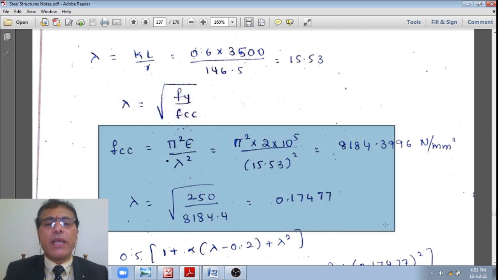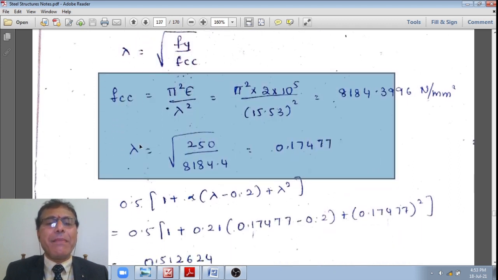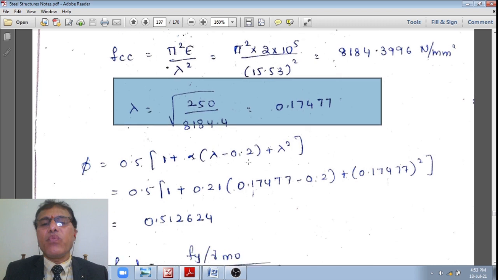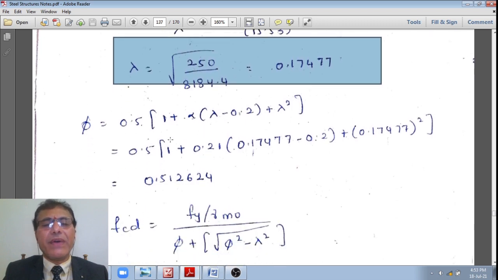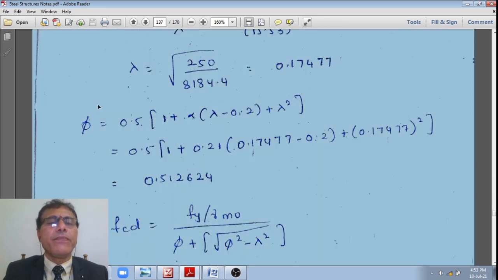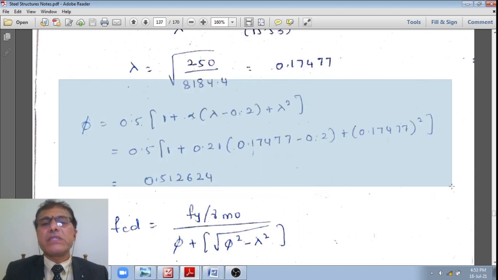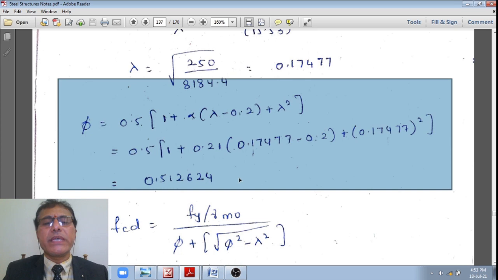Substituting this, the non-dimensional slenderness ratio lambda is equal to the square root of 250 divided by 8184.4, which is 0.17477. Therefore phi is equal to 0.5 multiplied by 1 plus 0.21 times lambda minus 0.2 plus lambda squared, which works out as 0.5126.